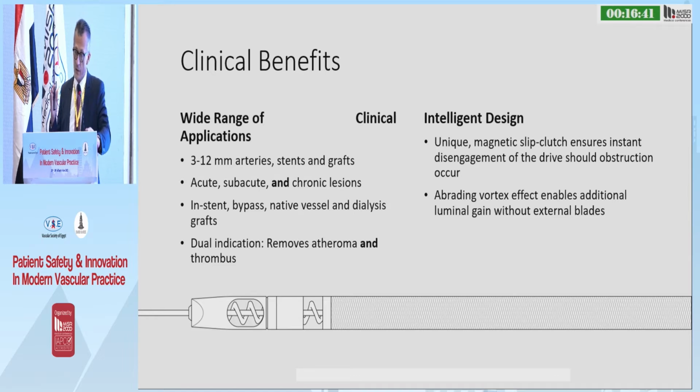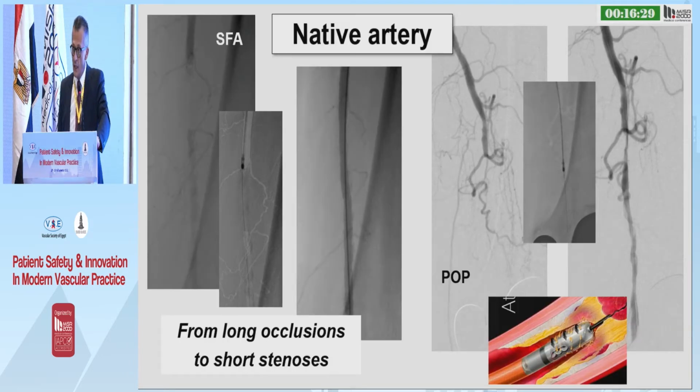In my opinion, it's really important that with this device it is possible to remove not only acute thrombotic material, but also subacute and chronic thrombotic material. So, as I said before, there are 4 scenarios where we can use this device. First, native artery.